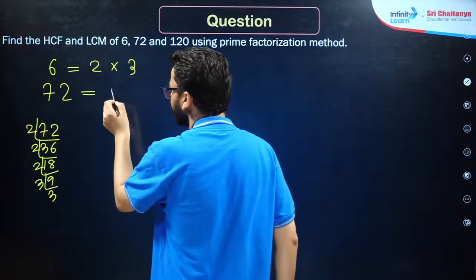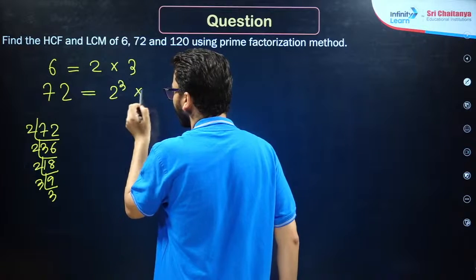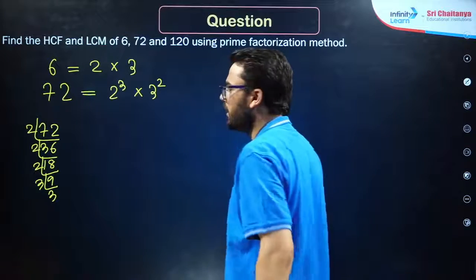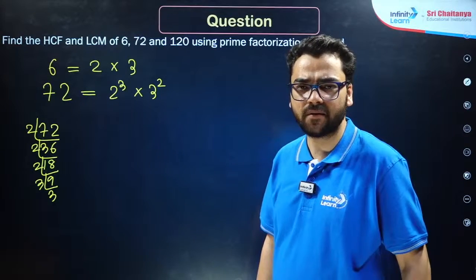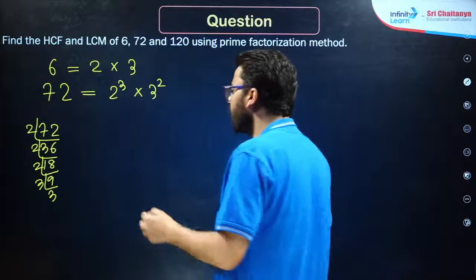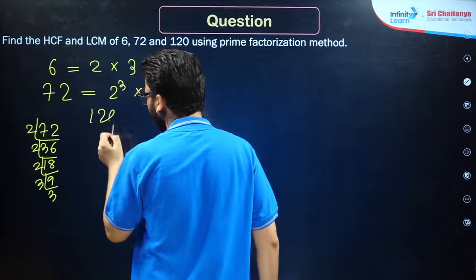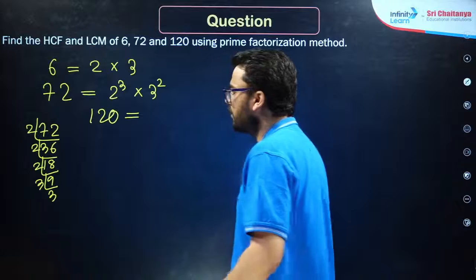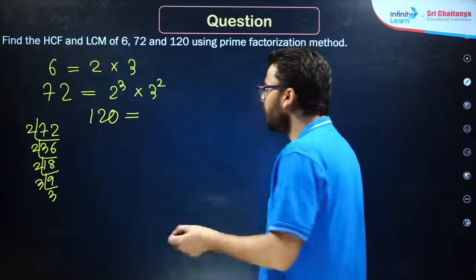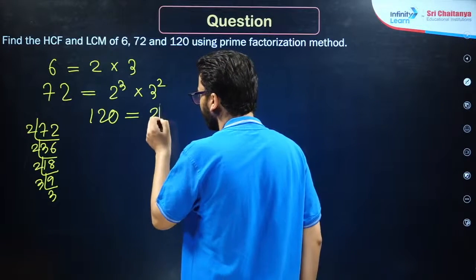So that is basically 2 cube, 8 9s are 72. Correct. That is its prime factorization. Now, what about 120? 120 is nothing but 15 8s are 120, right?